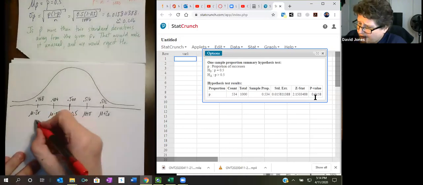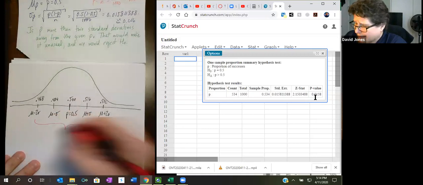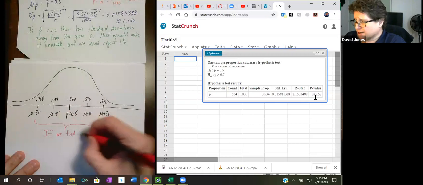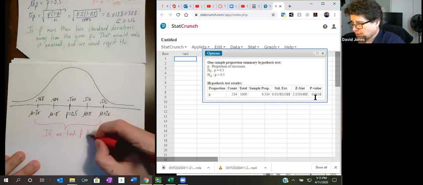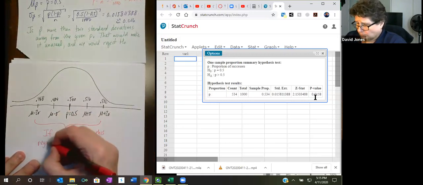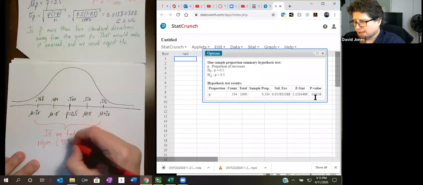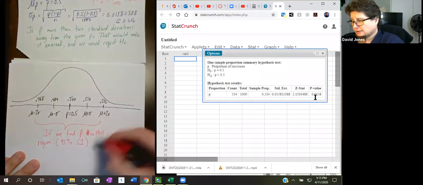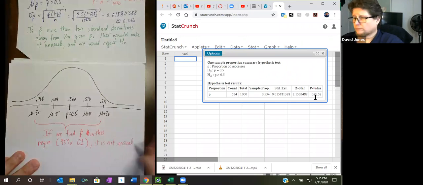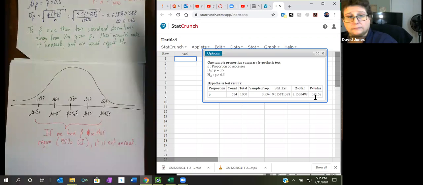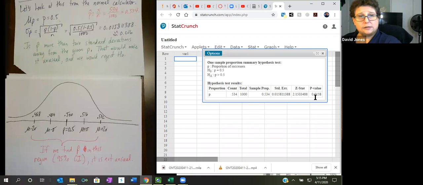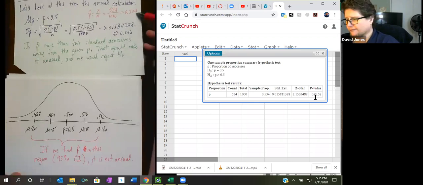The idea here is if we find p hat in this region, that's our 95% confidence interval range. It is not unusual. Where did p hat go though? P hat was 0.534.